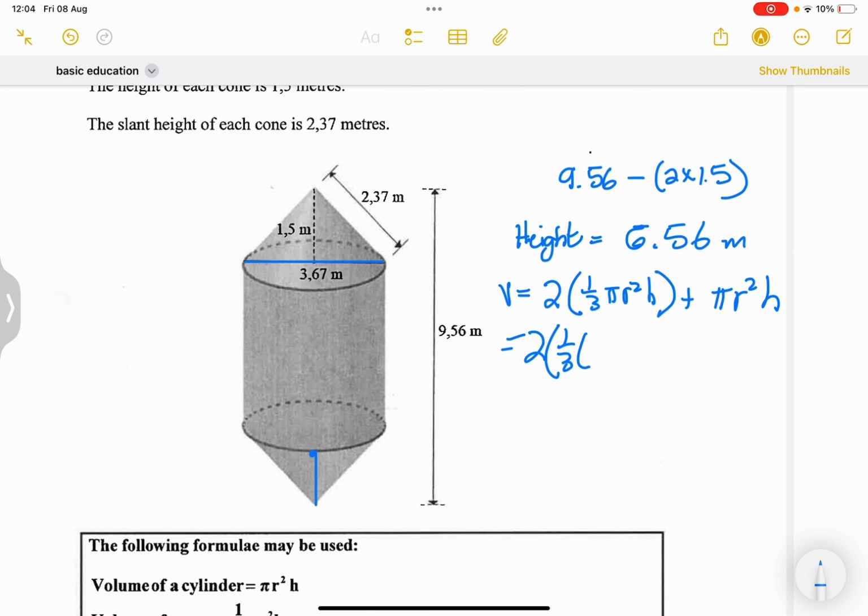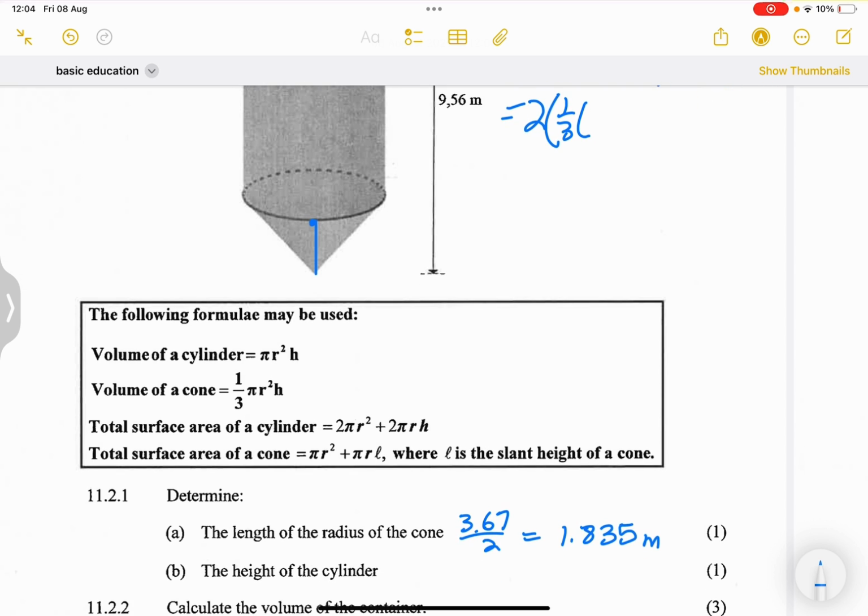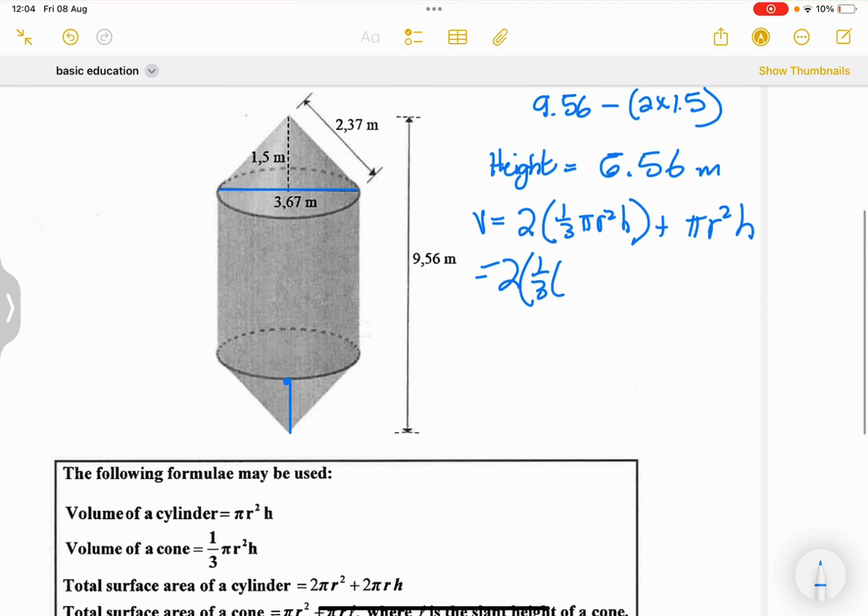The radius, remember we calculated the radius. That's 1.835. That's pi times 1.835 squared. And the height of the cone is 1.5 meters, plus. So we're going to add pi multiplied by the radius again of the cylinder this time around.